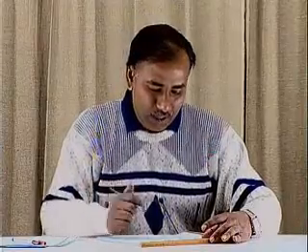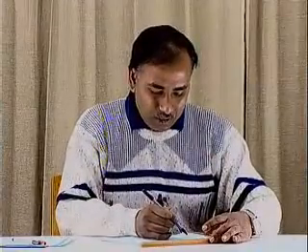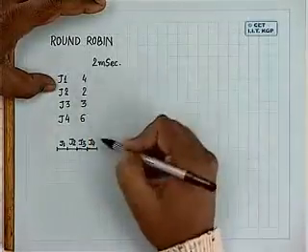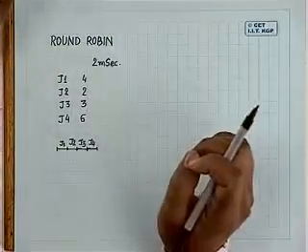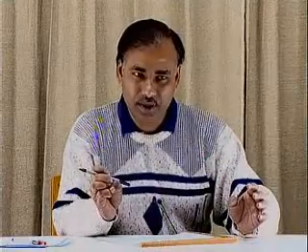Now in case job J2 completes the IO operation in between and comes back to the ready queue, the time when job J2 will be taken up for execution depends upon in which position in the ready queue job J2 has appeared. So I always take the job from the head of the ready queue.